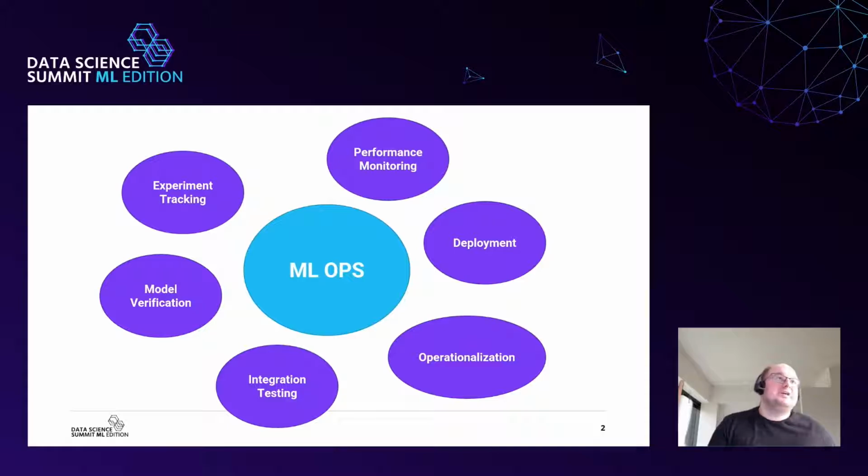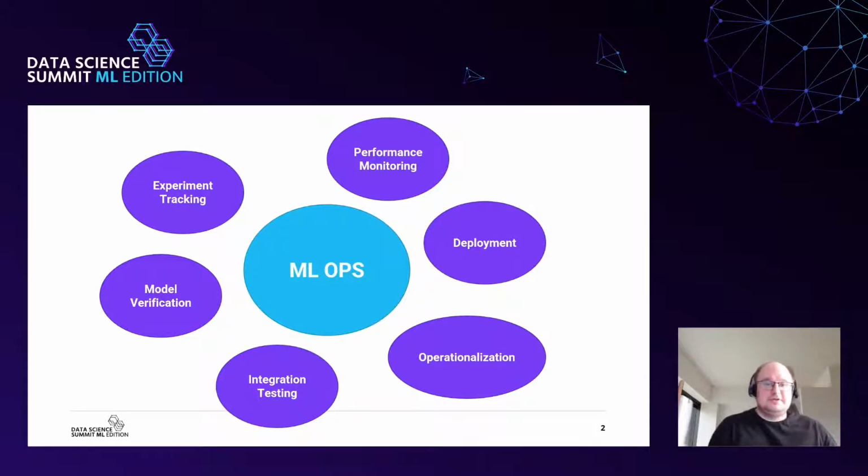But these are the things I'm going to go through: experiment tracking, verification and choice of the model, some sort of integration testing, deployment and operationalization of the model in production. And last but not least, I'm going to dig a little bit into model performance monitoring, potentially some retraining triggers, things like this.